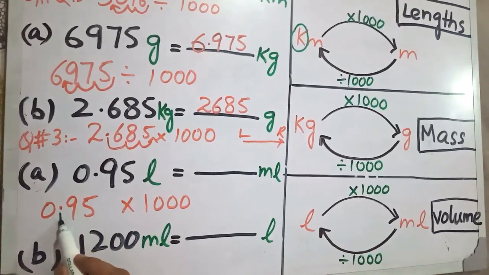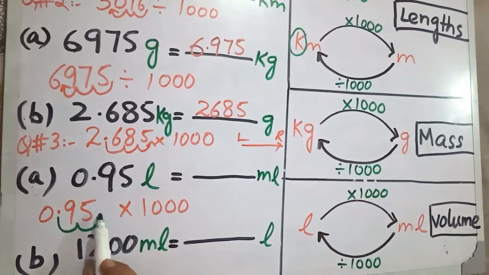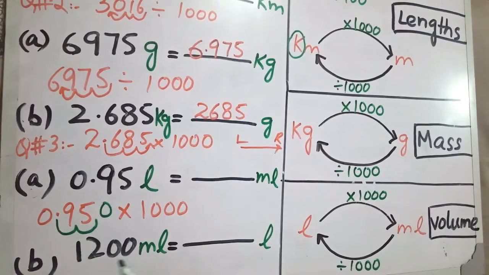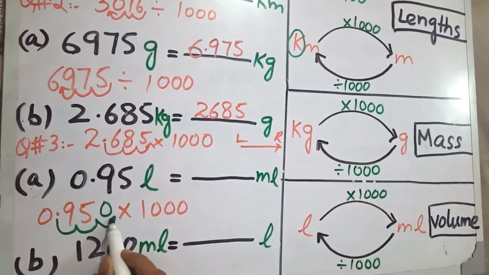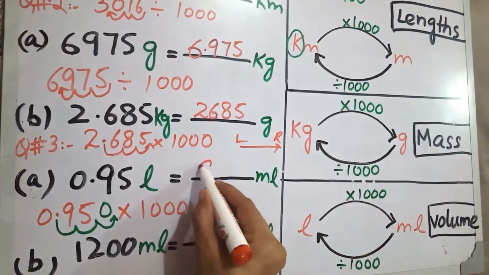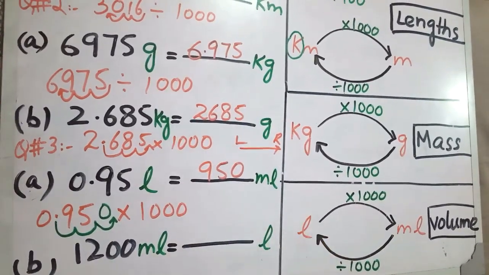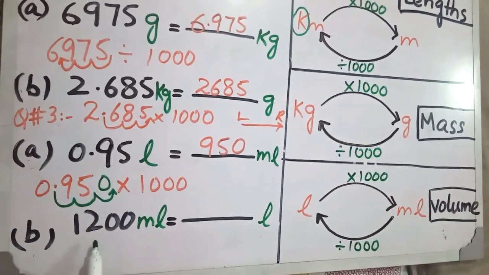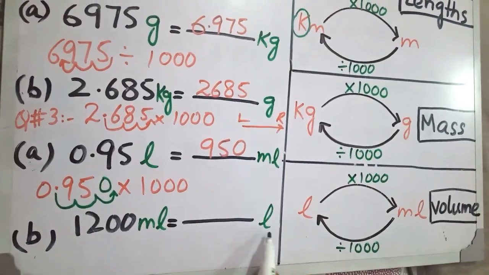We are not having enough digits, so we add a digit to move the decimal point. After multiplication, we have the answer 950 milliliters.